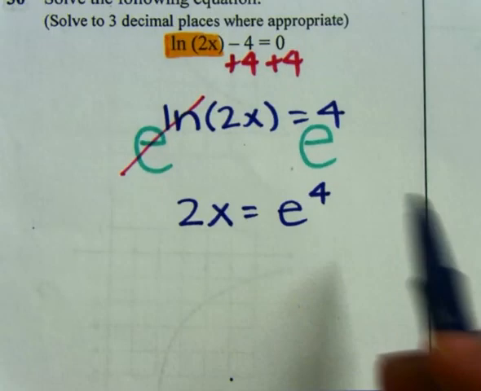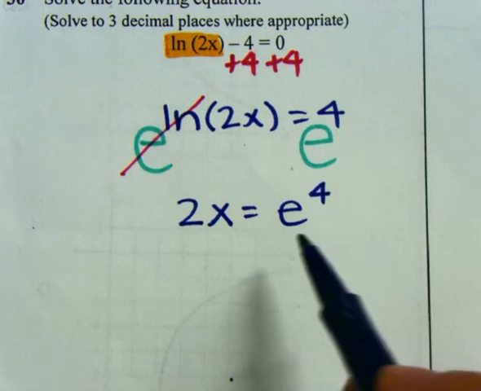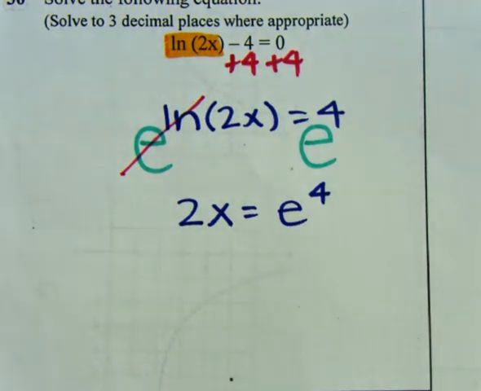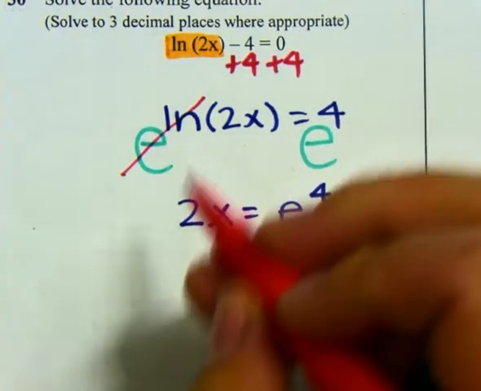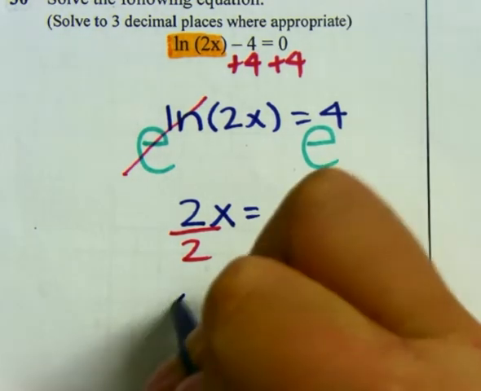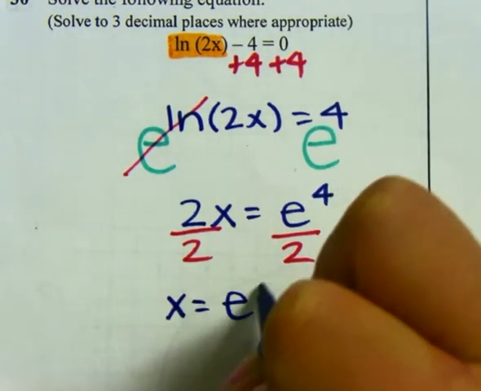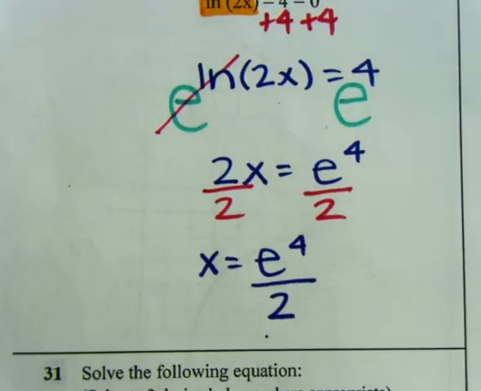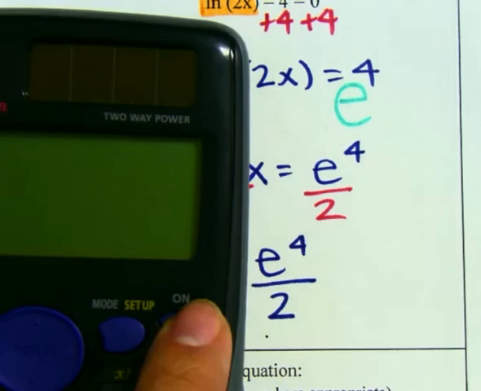And then e is just a button on your calculator that gives you the exponent, or if you can't find it, you can use 2.71. I can do one more step, get rid of that 2 by dividing by 2. So you put this into the calculator, e to the 4th all over 2. Several students do it a different way.